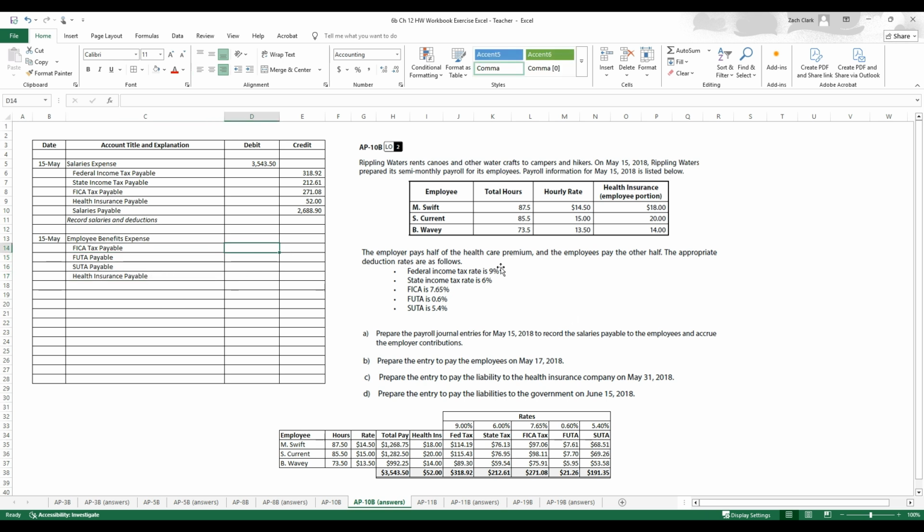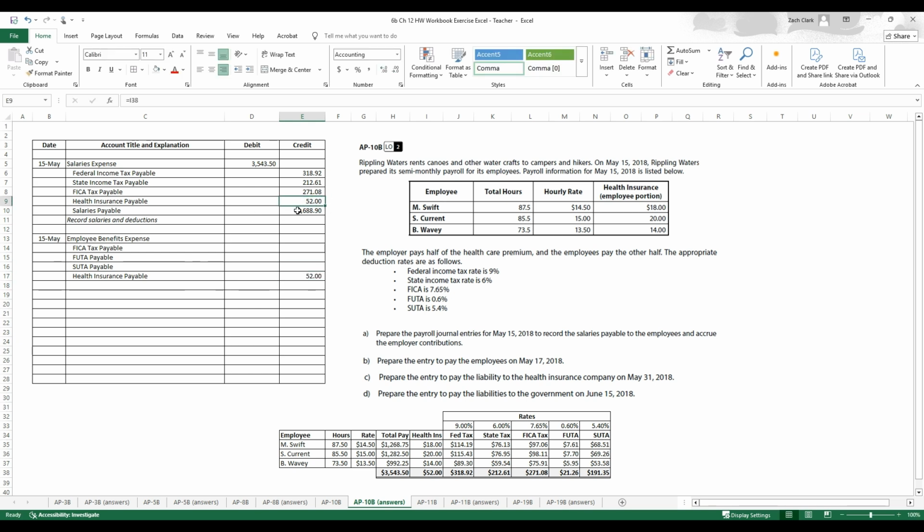Because as it mentioned in the problem, half of the health insurance expense is paid by the employee and half is paid by the business. Usually in the real world, the business pays a lot more of the health insurance premiums than the employee. But for this one, we're just assuming half and half. And so we can just link up because that's the same number, right?